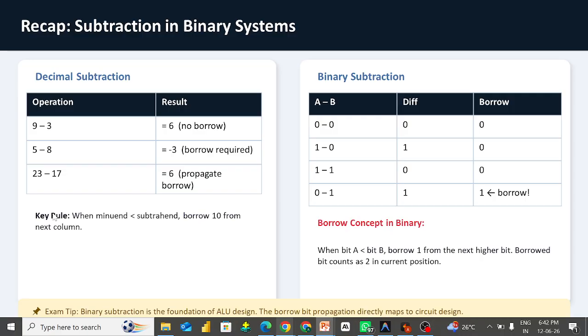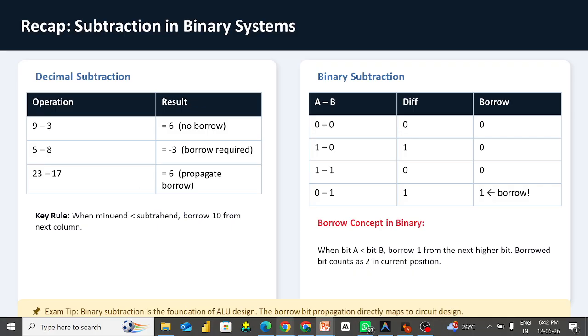After that, 1 minus 1 becomes 0. At this time we have borrowed something from the next element. So that's why we need to propagate that borrow. If you are borrowing something from another bit, you need to propagate it. That's why we have something called propagate borrow.